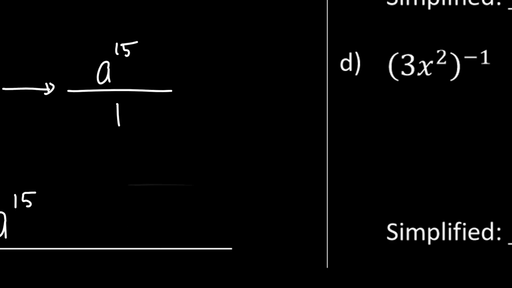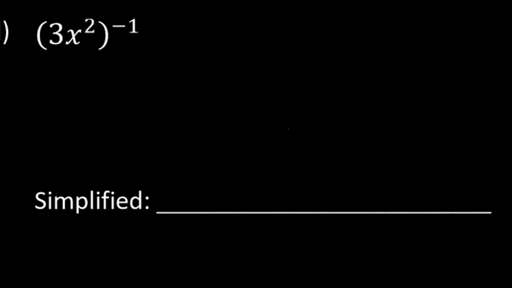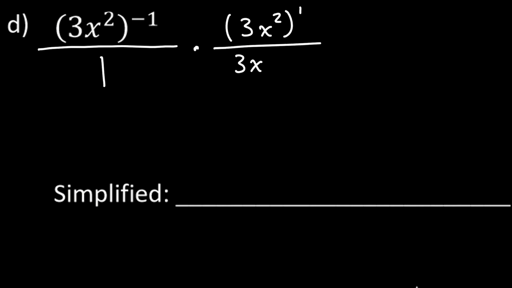All right, final question is D. On D, I'm going to do the exact same thing that I keep doing. So I'm going to multiply this times something to get rid of the negative exponent. The thing that I'm going to multiply it by in the numerator is going to be 3x squared to the positive first over 3x squared to the positive first.